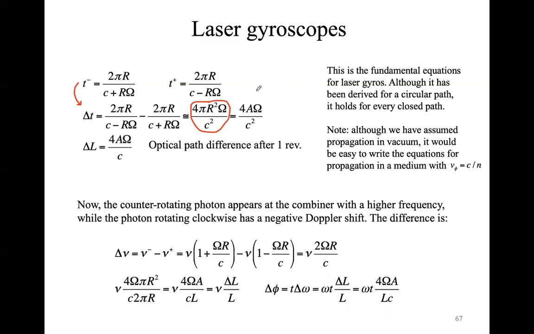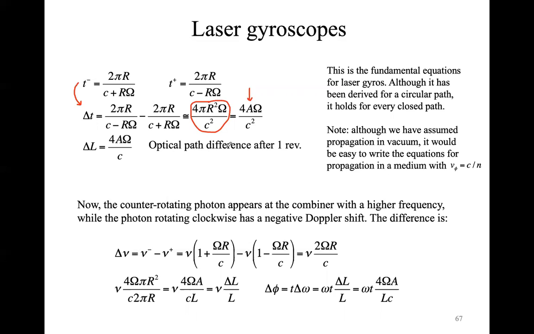The ring laser gyroscope has a fixed area A. And so the delta T that you need to measure will be directly proportional to the area of the ring laser gyroscope.